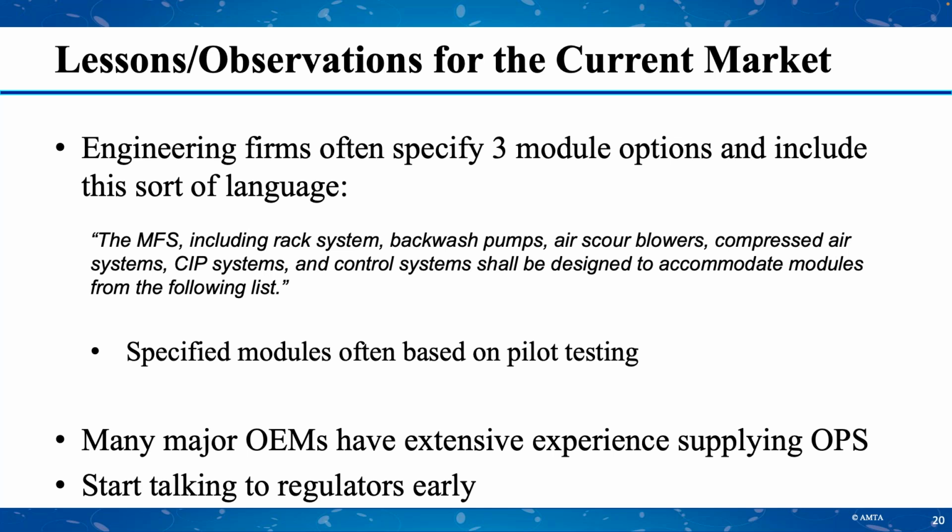So the membrane filtration system, including the rack, backwash pumps, blowers, air scour, compressed air, CIP system, control systems shall be designed to accommodate modules from the following list. And we often find that is 3 modules, and those 3 are often based on pilot testing.